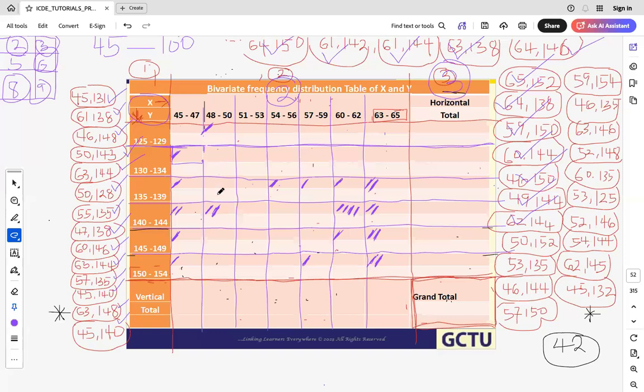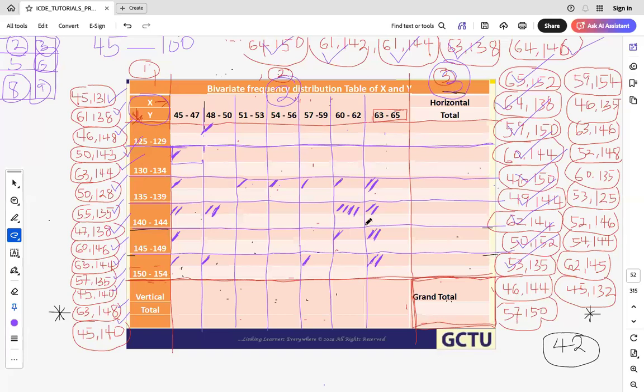We go down looking for 152 and then we land in this box. So that's the first tally in that box. This is also done. Then we move to 53, 135. So 53 is here. We look for 135 and then we land in this box. And this is the first tally also in this box. So this is also done.